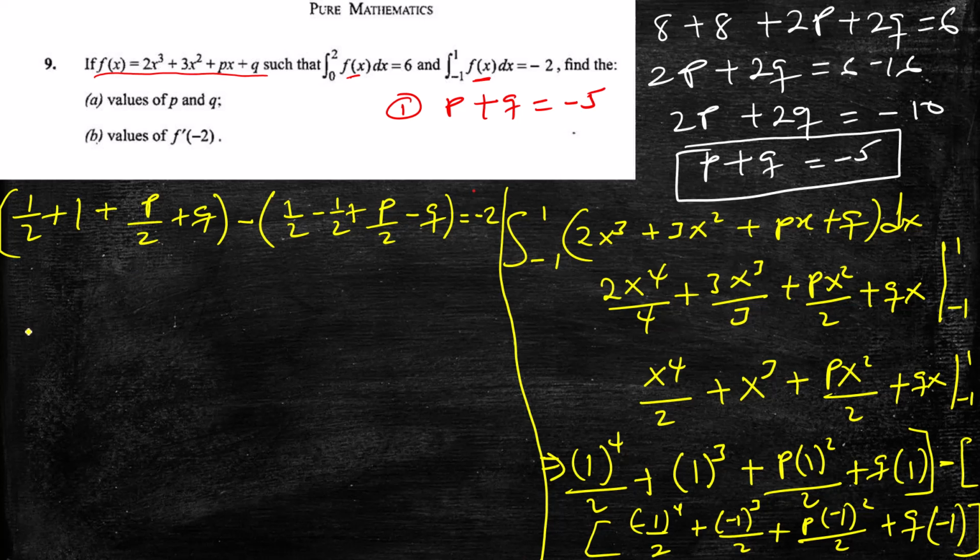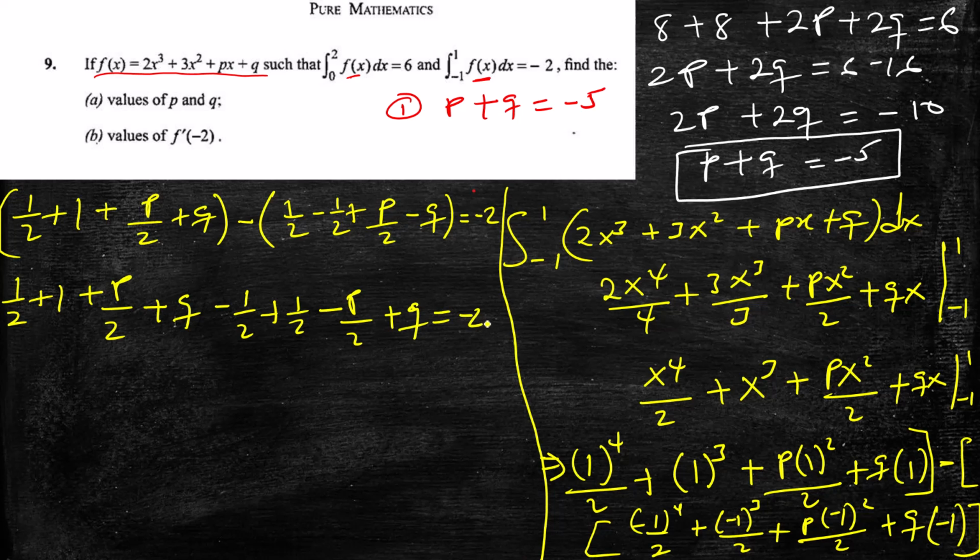All right, so let's deal with this side. We have half plus 1 plus p over 2 plus q. Let's open the bracket here: minus half plus 1 minus p over 2 plus q equals -2.